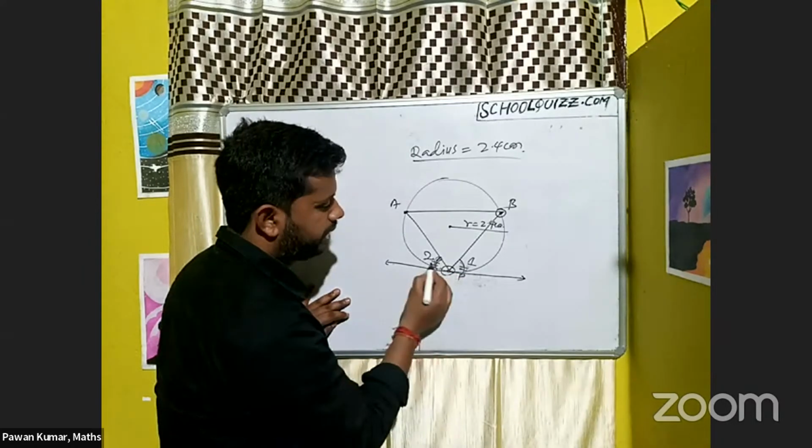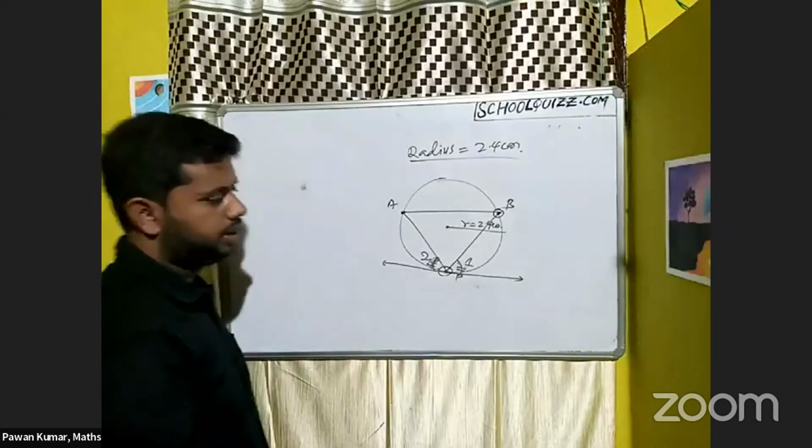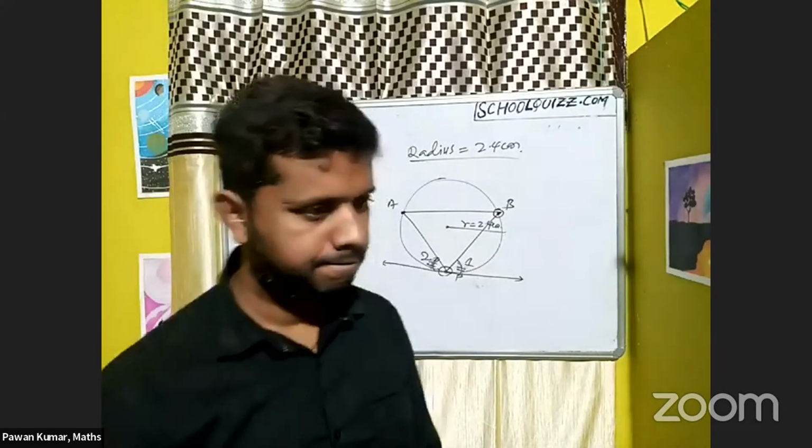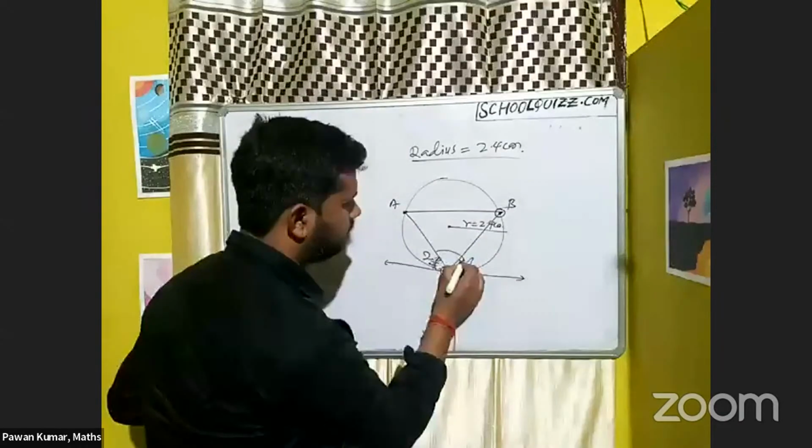If I make these two angles equal, then what will happen? Sir, the angle 1 plus angle 2 plus the angle APB must be the sum of 180, because this angle must be 180 degrees, correct?